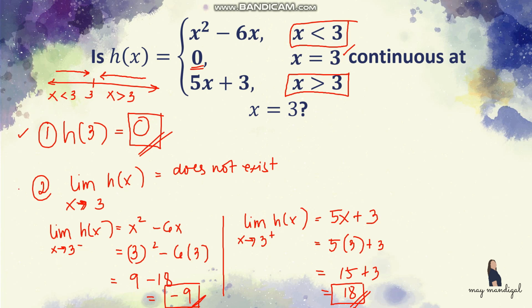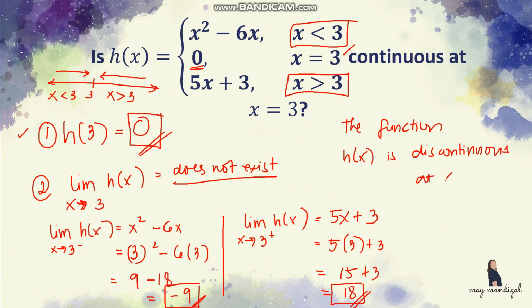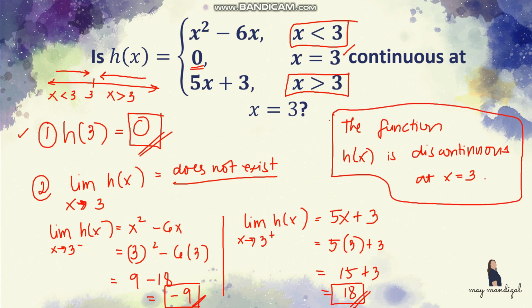But for condition number 2, the limit does not exist. Since it failed to satisfy the second condition, our function is still discontinuous at the given point. So we write: the function h of x is discontinuous at x equals 3. Or the function h of x is not continuous at x equals 3.